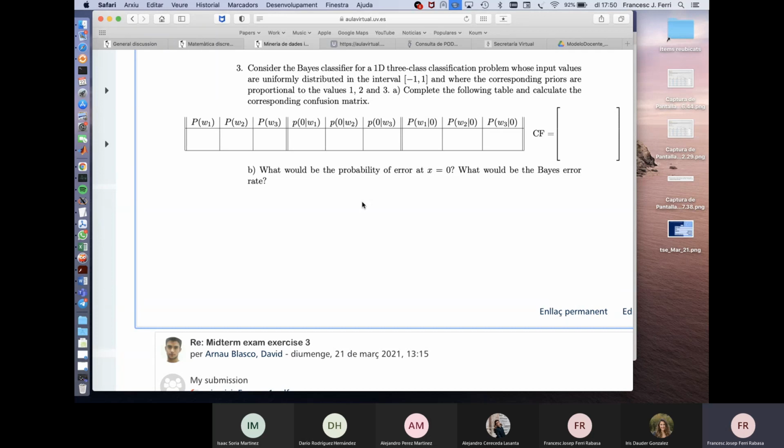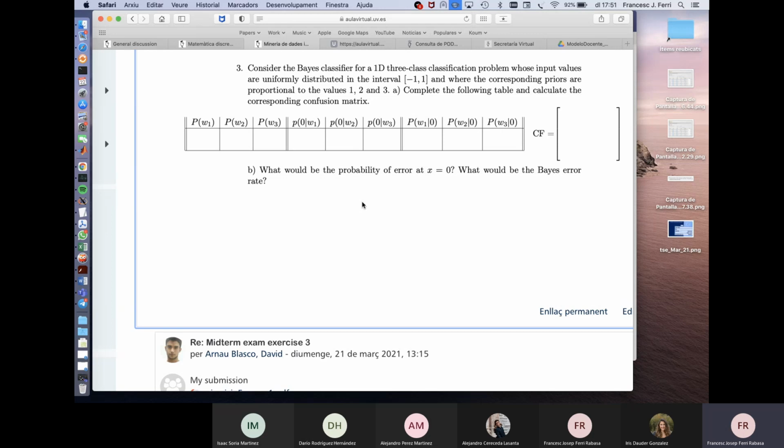So in this particular case, conditionals are the same for all classes. The only thing that decides is the prior. So which is the Bayes classifier? Can anybody tell me which is the Bayes rule?